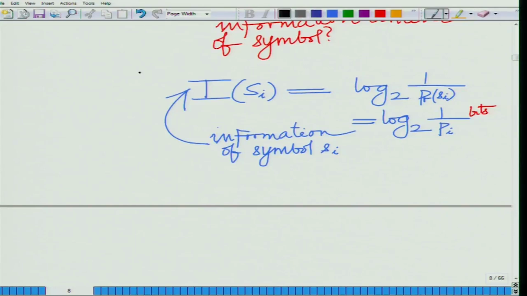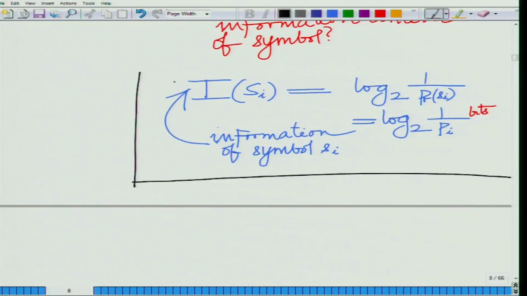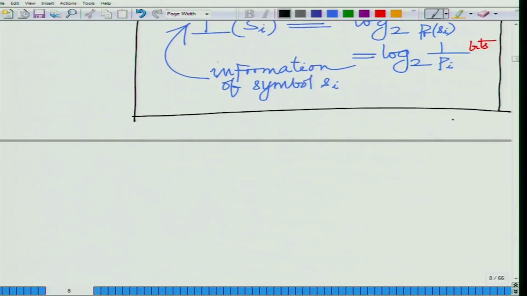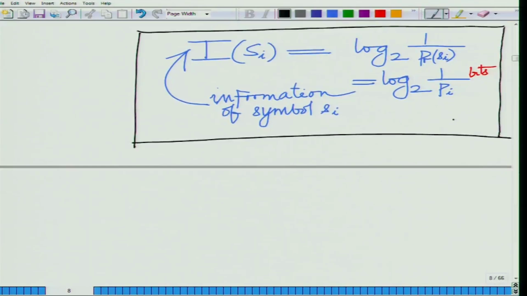We are defining the information content, which we said is a rather abstract quantity, of a symbol.